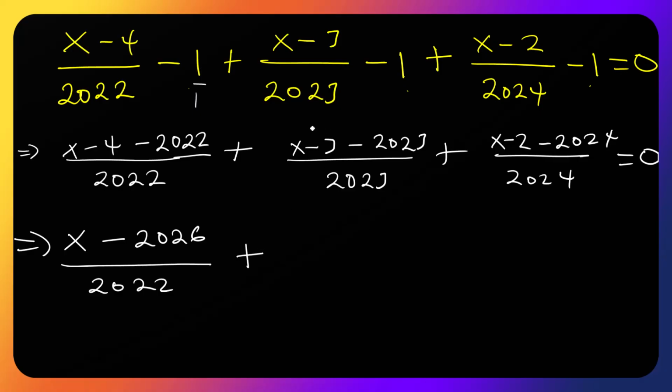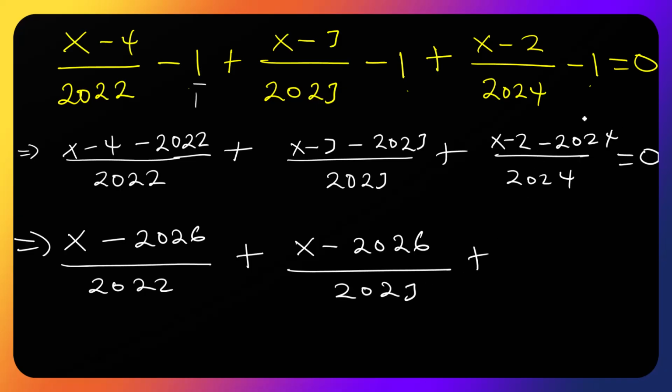On this side minus 3 minus 2023 will be x minus 2026 on 2023, and this one will be x minus 2026 on 2024, equal to 0. Okay.